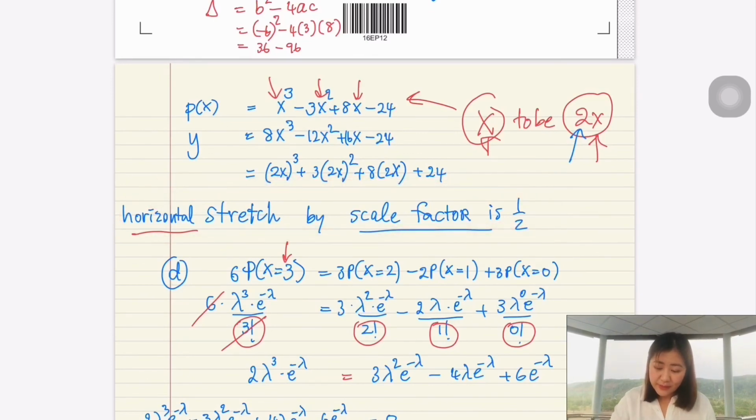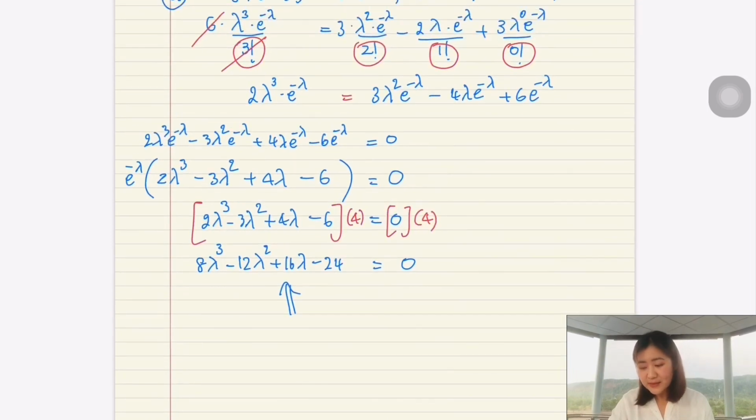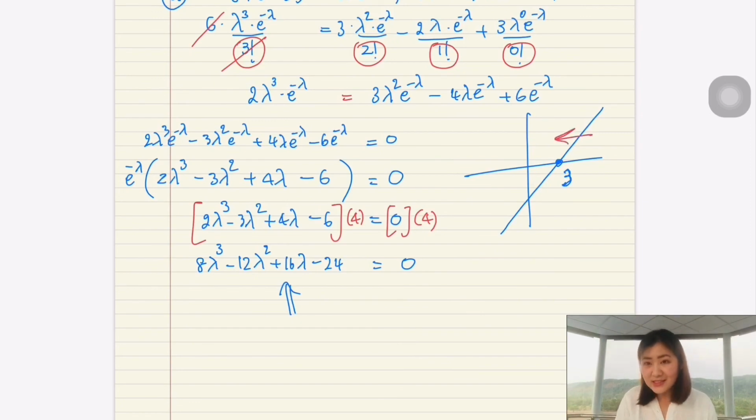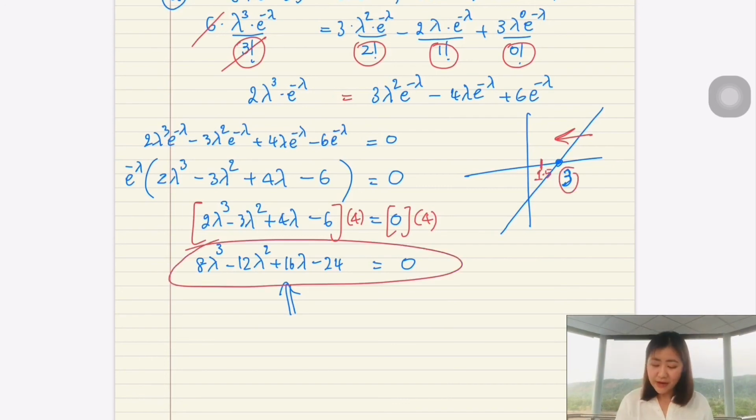Therefore, your p(x), first of all, is supposed to be cut at 3. Okay, cut at 3, and then when it's stretched by scale factor of a half, this number 3 turned out to be 1.5. Therefore, to solve this equation, your x equals 1.5. Okay, finish.